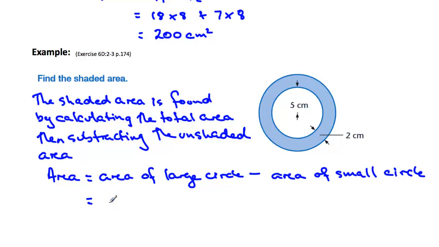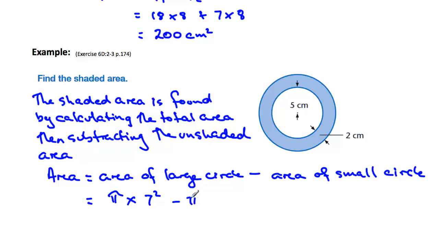So let's see, we know it's pi r squared, pi times, now we need the radius of the big circle. Now we know from here to here it's 5, that's the small one, and then the little band here is worth 2 all around, so that would have to be a total radius of 7 for the big circle.